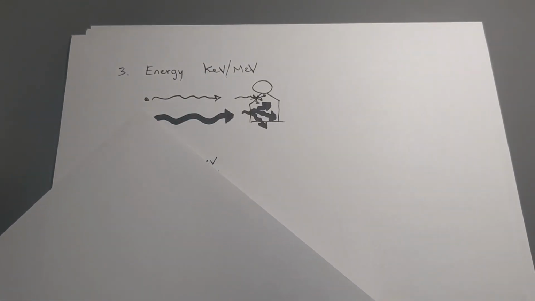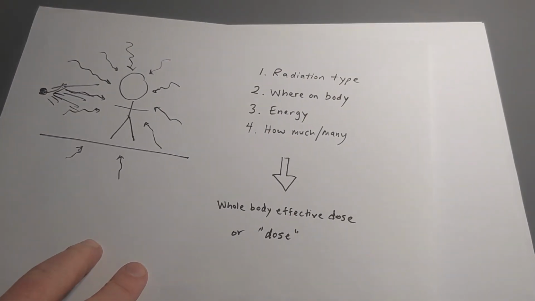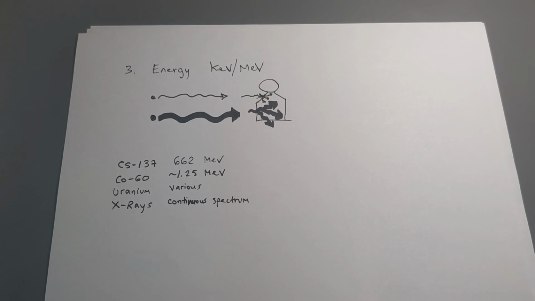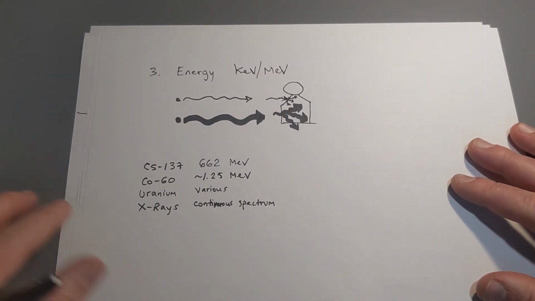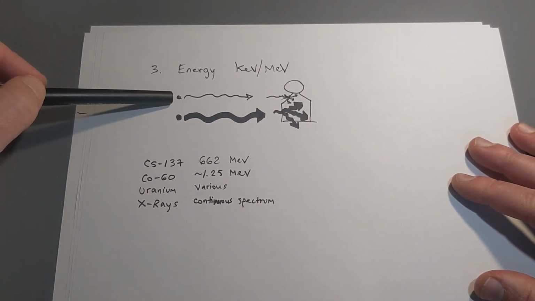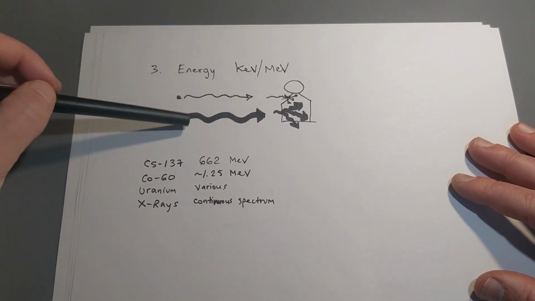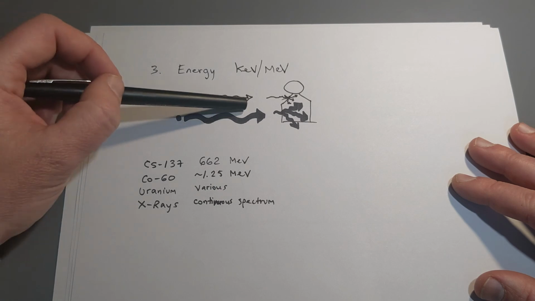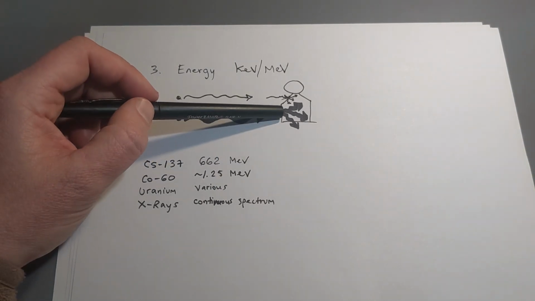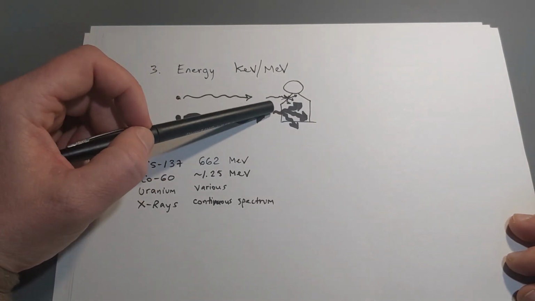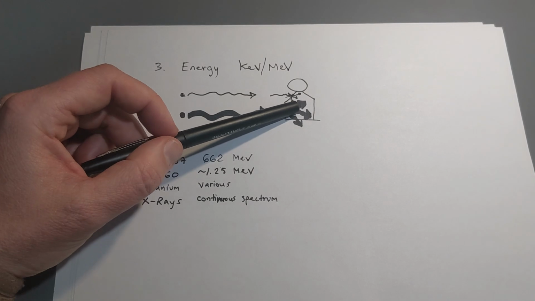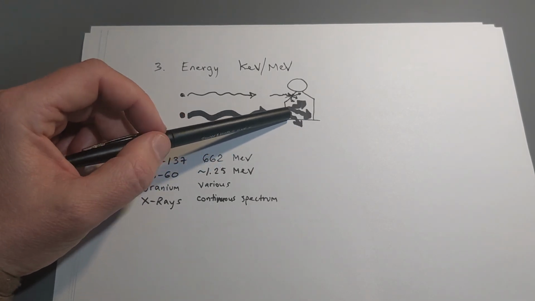So number 3 on this list, type, where on body, is energy. And again, I already kind of explained it, but for one individual bit, I illustrated it with a small squiggle or a large squiggle to symbolically show high energy and low energy. When that hits your body, it's going to penetrate more deeply, which means it might reach more sensitive organs, perhaps.